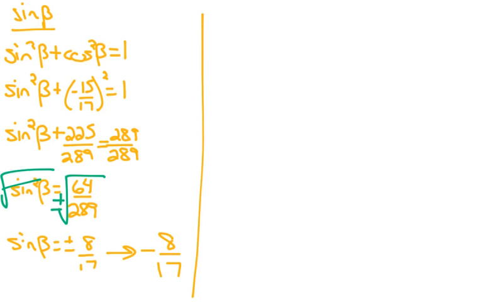So all of that information that we've just found has just been to actually go to the sine A plus B equation, which, again, is sine A cos B plus cos A sine B. At this point, now we can plug things straight in.